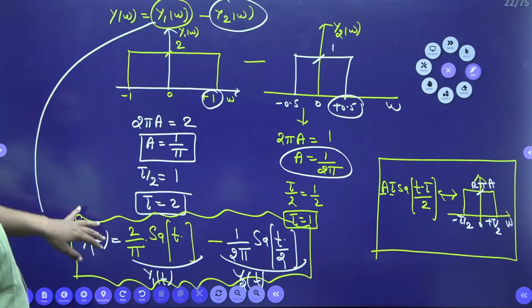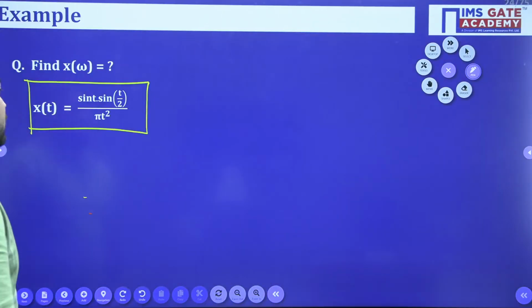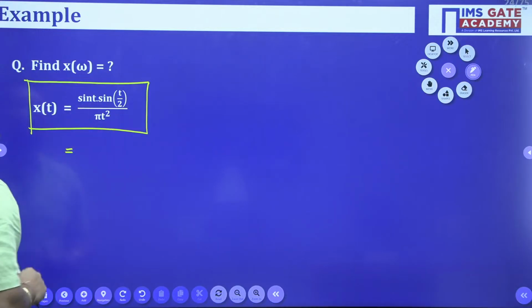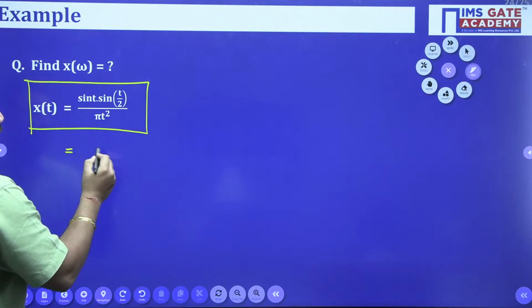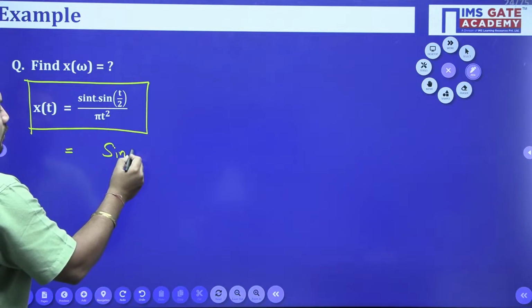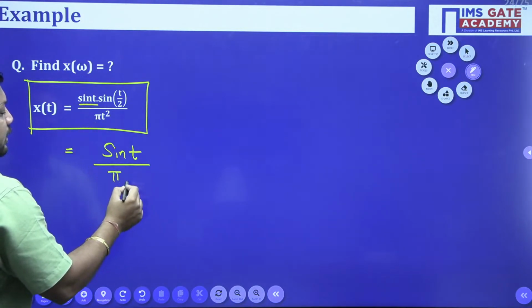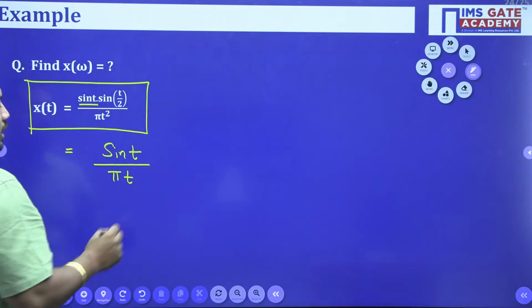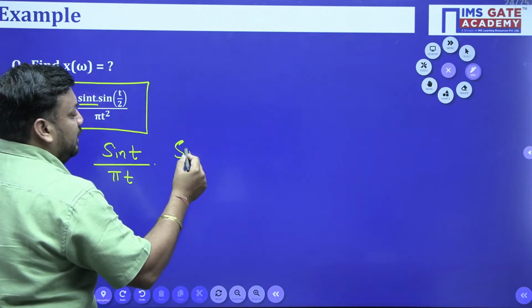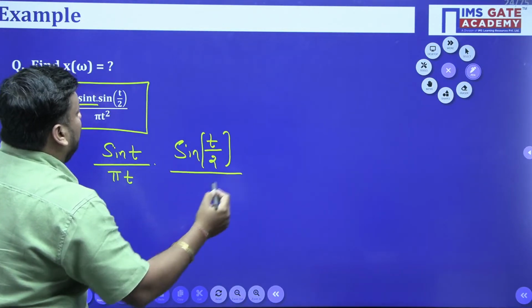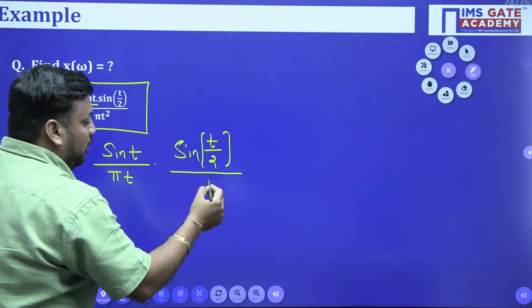Now, using this short trick, I want to divide this signal into two terms. First term, I am writing k sin of t upon pi t here, because here there is t square. And second, k sin of t by 2 upon t.